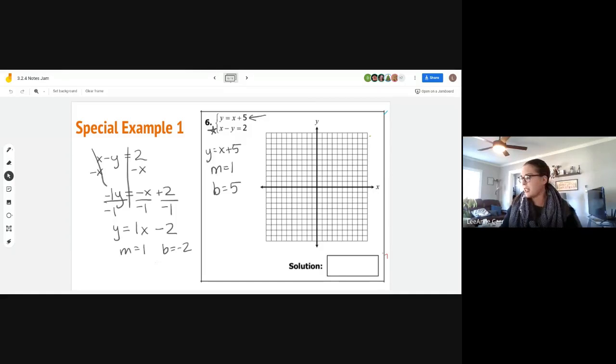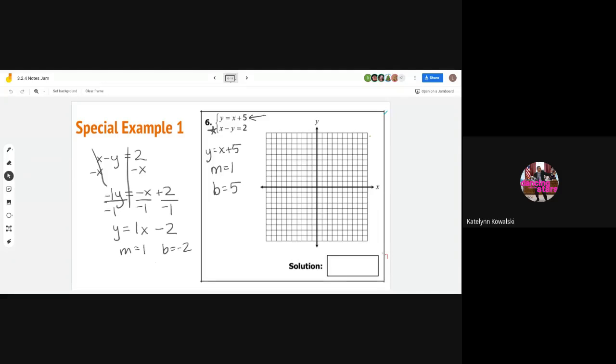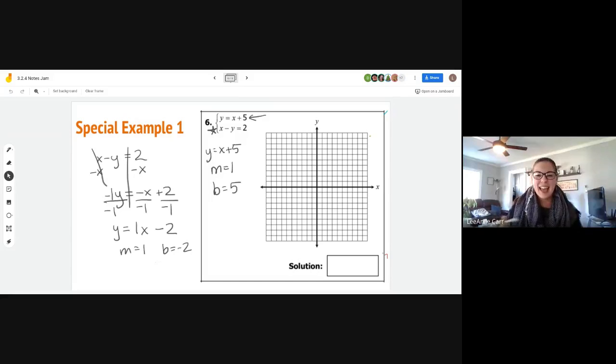Caitlin, can you turn on your mic and explain how you knew that? Well, I meant to spell parallel, but I can't really spell that well, but they have the same slope, so that's how I knew. Yes, they have the same slope.